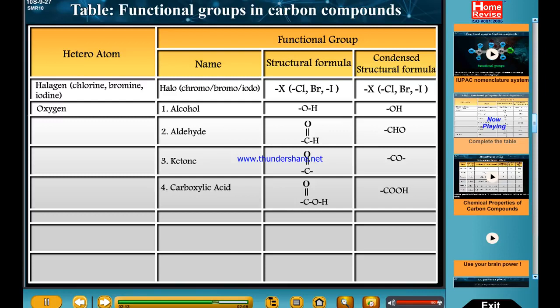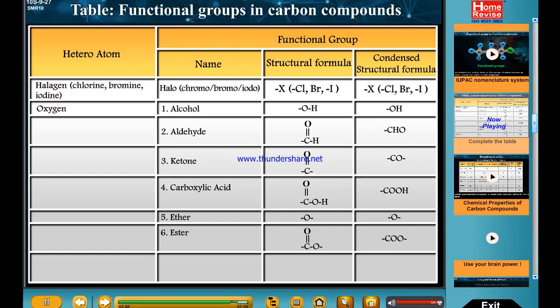5. The functional group is ether. Structural formula is O. Condensed structural formula is O. 6. The functional group is ester. Structural formula is C double bond O single bond O. Its condensed structural formula is COO.